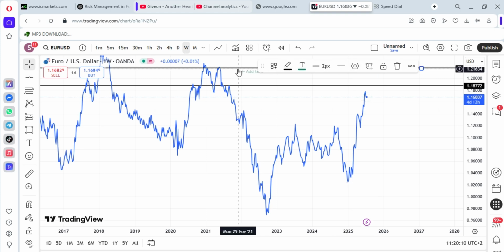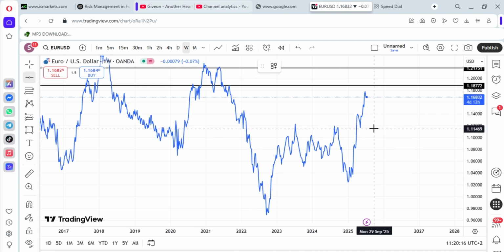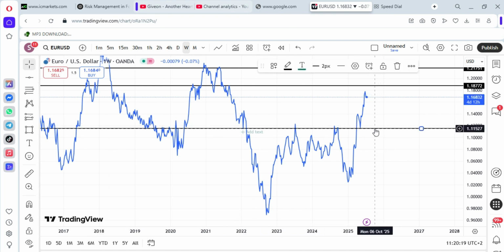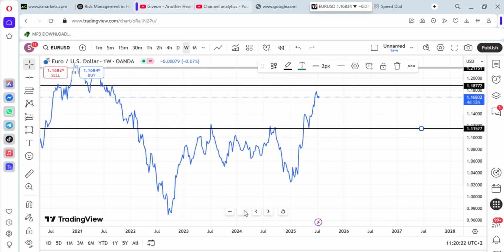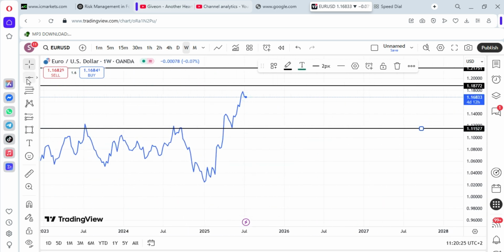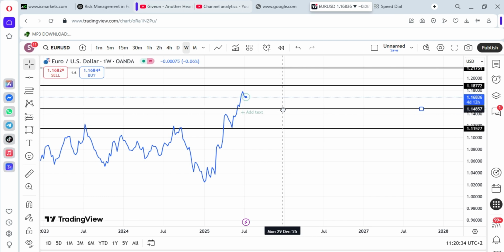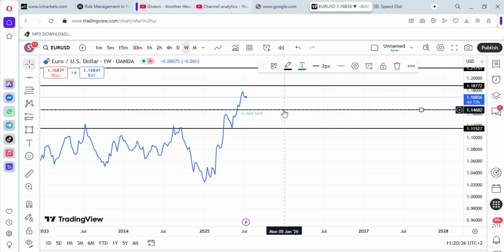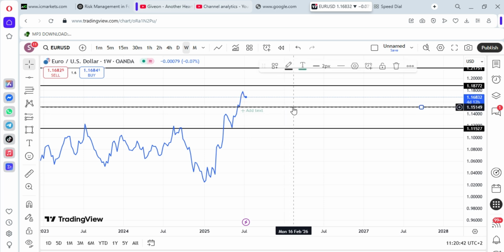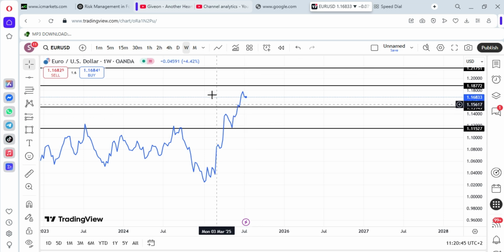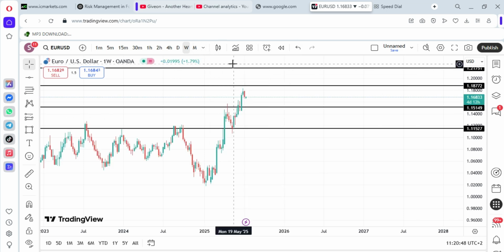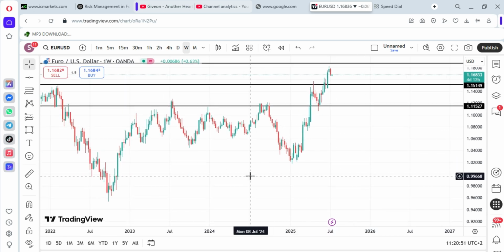The zone over here. There's another danger zone here. Danger zone here. Yes, that's a good area. And then we move.